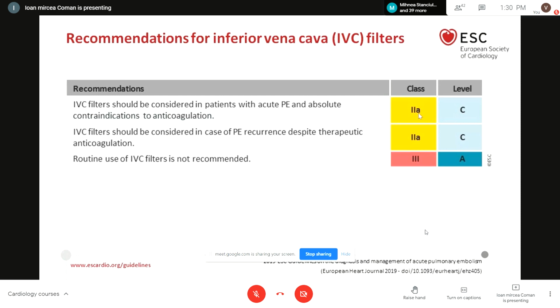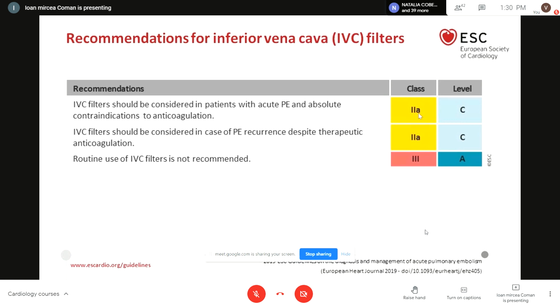A couple of words about an indication which was a bit larger a couple of years ago. As I told you, most of the clots are coming to the lung from the lower limbs.